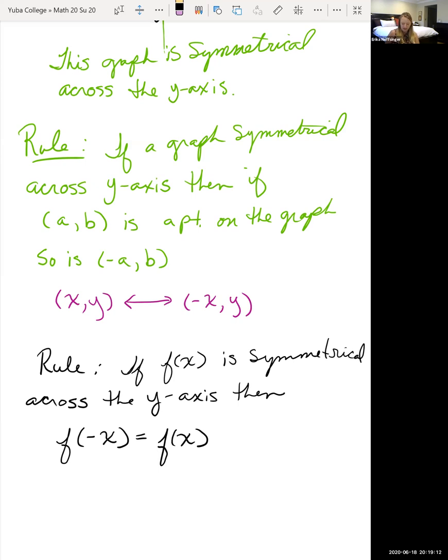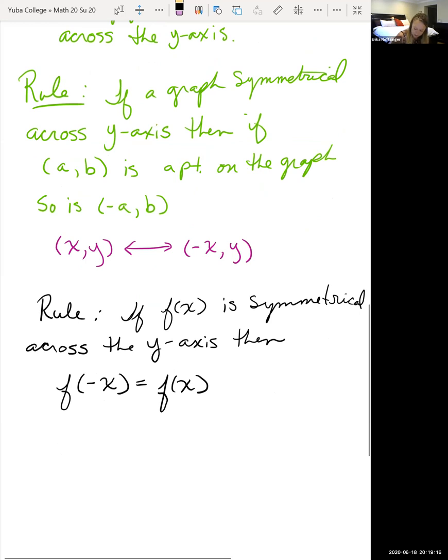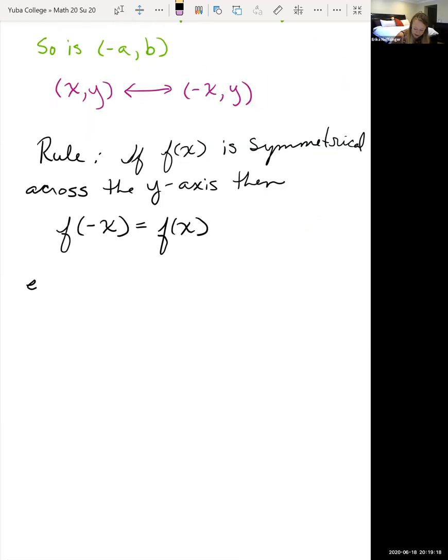So let's go back to the example we looked at. That example was y equals x squared minus 9. f of x is just another way to name our function, another way to write y. So we could say f of x is equal to x squared minus 9.